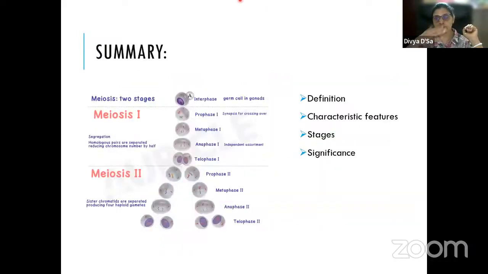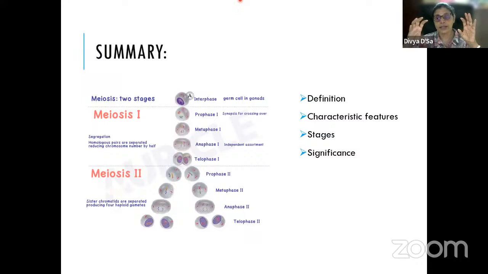So in the exam, you will write what is meiosis. Basically, it's a type of cell division occurring only in gametes, the germ cells. What are the characteristic features? What are the stages there? Characteristic features: it is a reductional division, and in meiosis too, there is no duplication of the DNA.